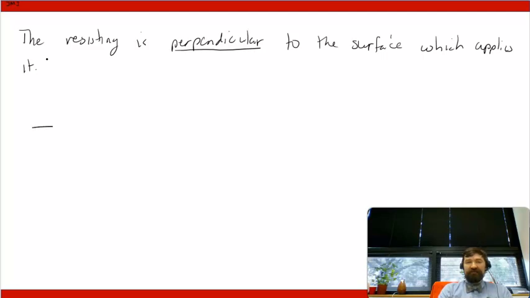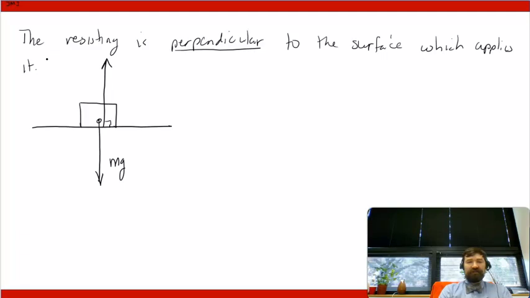So again, if I draw this little cartoon of an object on the table, maybe just from the side like this, I have on the one hand gravity that's trying to pull the object downward. And then on the other hand, I have from the table some force that is upward like this.